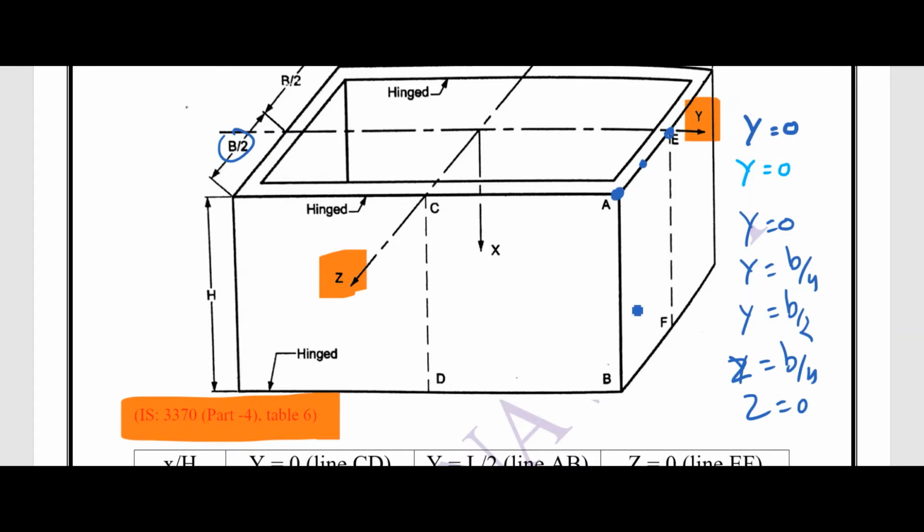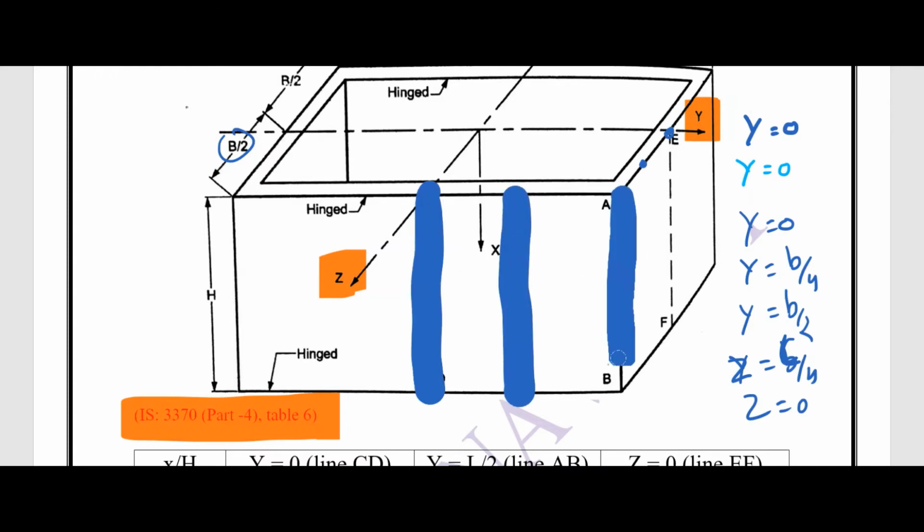Then z is equal to c by 4 means here, and z is equal to 0 is here. So we have the moment coefficient on these lines.